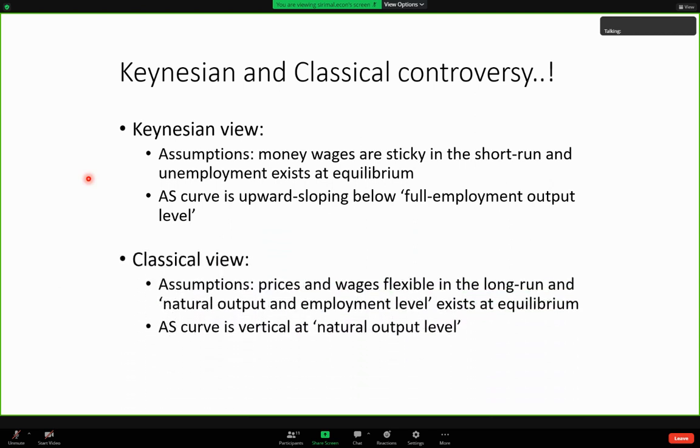Classical view, on the other hand: prices and wages are flexible in the long run. Remember these two things also when we look at them. Keynesians are talking about the short run and classicals are talking about the long run. So prices and wages are flexible.